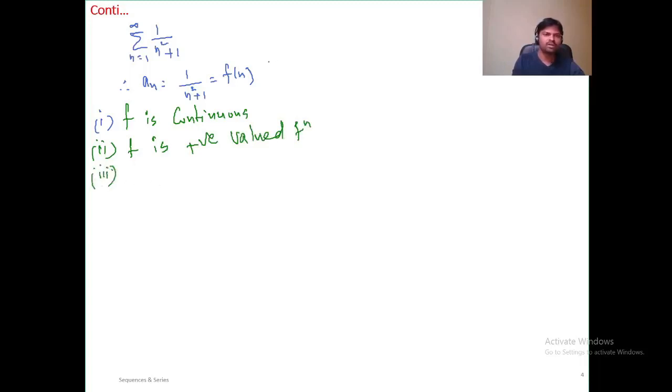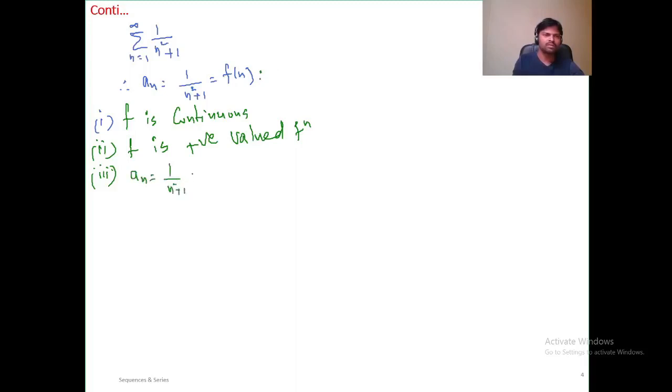To verify, you can calculate a_(n+1) minus a_n and, according to that, find whether it is increasing or decreasing. But here I directly look at the terms. So a_n is nothing but 1 upon n squared plus 1.